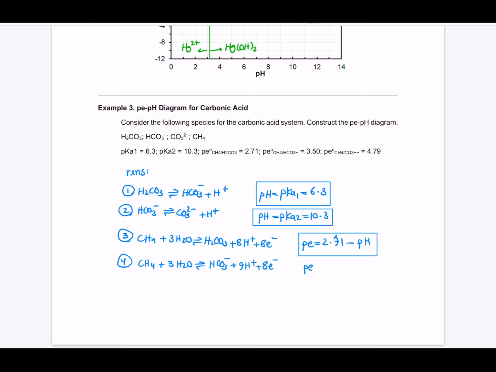Then the equation would be PE equals 3.50 minus 9/8 pH.